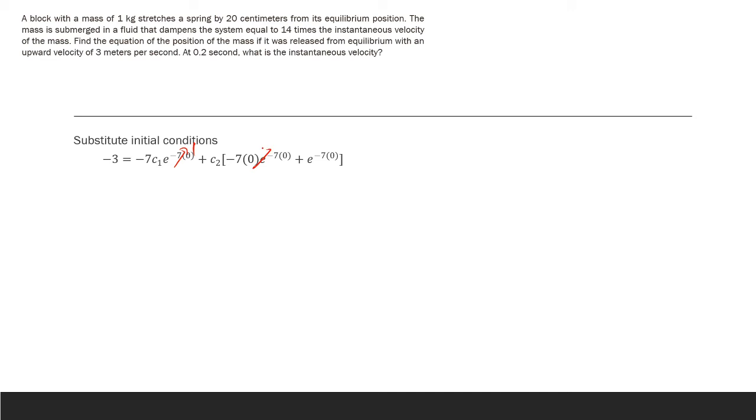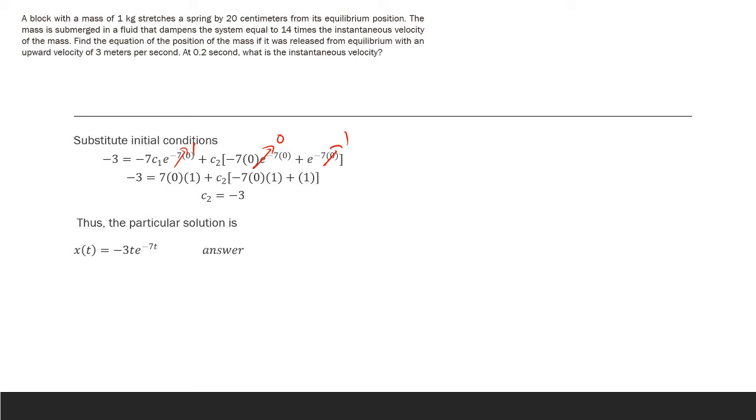The first part becomes 0, and the second is equal to 1. So, c2 is equal to negative 3. Substituting, we have the particular solution x of t is equal to negative 3 t e raised to negative 7t. Now, the question is: at 0.2 seconds, what is the instantaneous velocity?